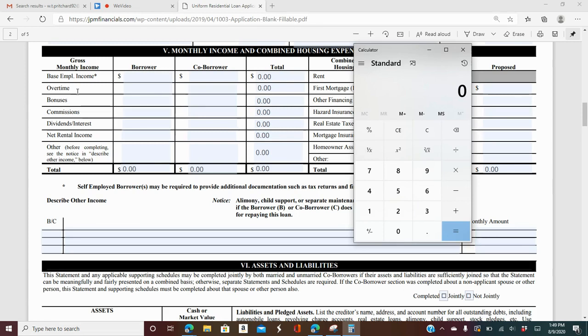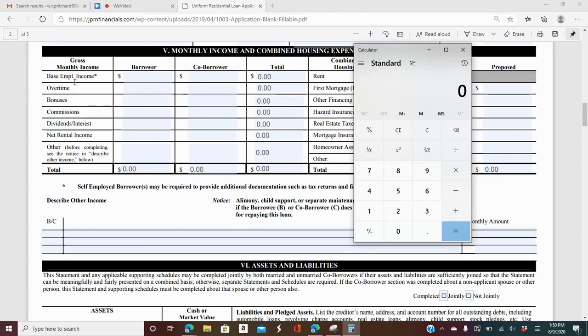I'm going to go deeper into that in the verification of employment video, so look out for that. However, we need 2 years of that, and then we'll average out the 2 years, and that's what we will use for the overtime income.